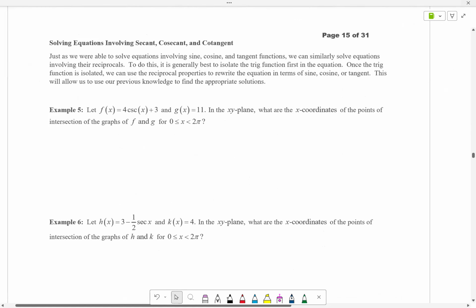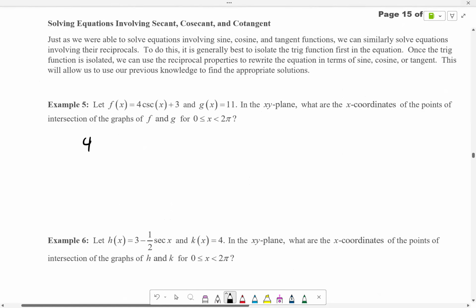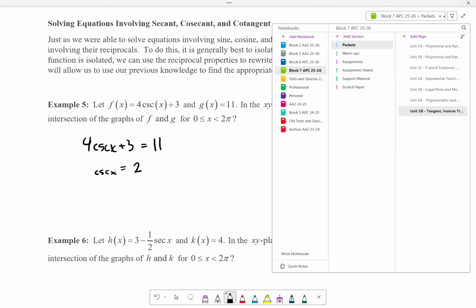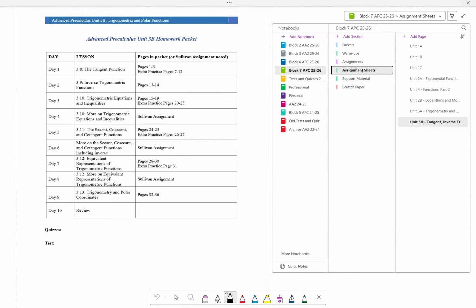Example 5. Yes, it's a week before break. Not the week before break, though. Next week. It's the 12th. Is that next week? The testing calendar says no, unfortunately. Oh, and I didn't write it here.